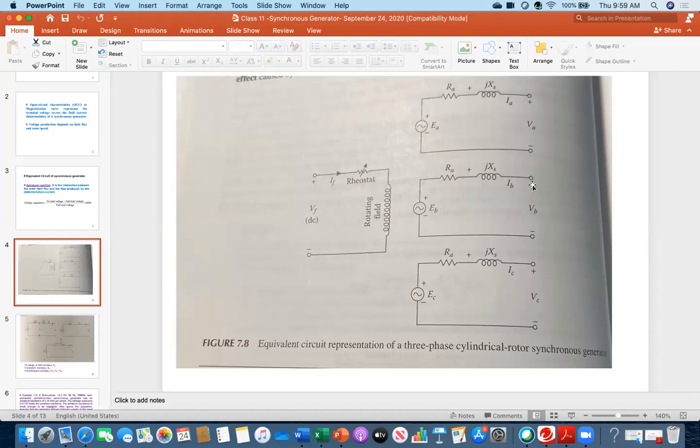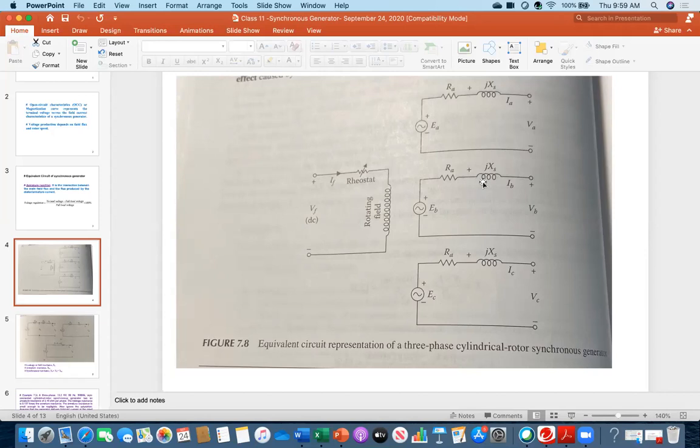And once the current flows through this coil, it will produce another magnetic field, another flux. You know the property: once current flows through any coil, it produces flux. That is common. And this is the main field flux. Of course, this is the magnet and it has already been excited, so it is producing flux. This is its flux, and then this is another flux.